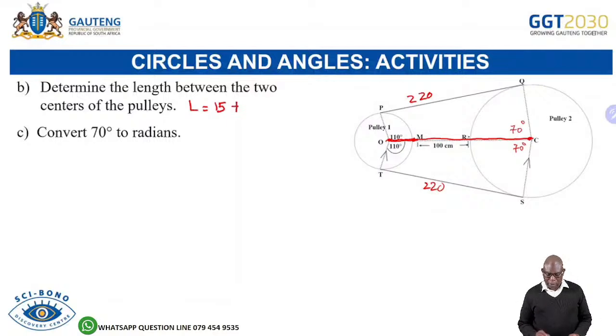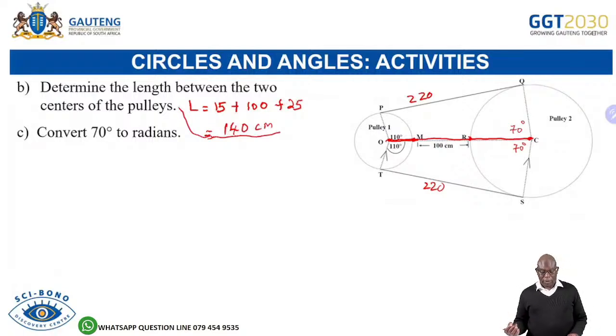From M to R is given as 100. From R to C will be given as 25 because we're taking the radius now. So in this case it's 140. So we've got 140 centimeters. That's the length of it.